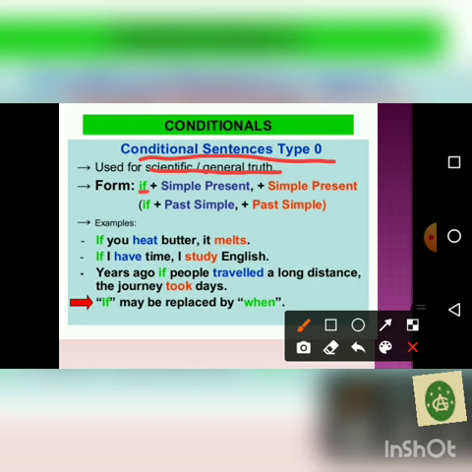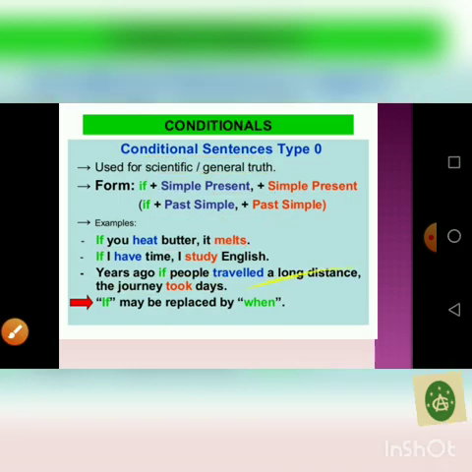And if the if clause has simple present, then the result clause or the main clause will also have simple present, like if you heat butter, it melts. If the if clause has simple past, then the result clause will also be in simple past, like if people traveled a long distance, the journey took days.